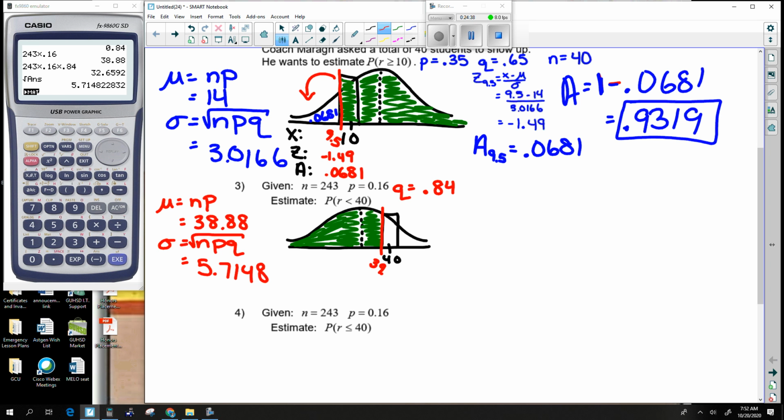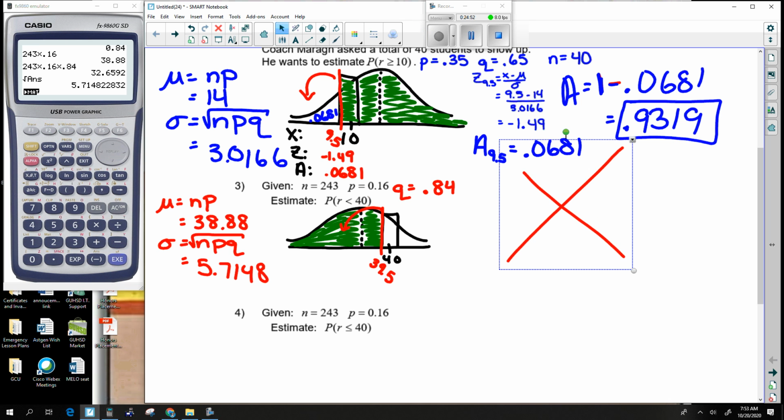That's 39.5. And notice when I look up this area, it will give me the area to the left, which is what I want. So I do not have to do this 1 minus kind of idea in this problem because I am finding the area that I want. Okay, so this will get me exactly what I need in this situation.